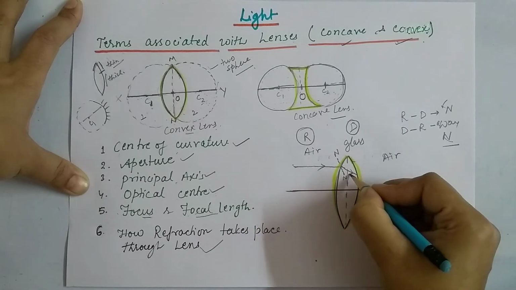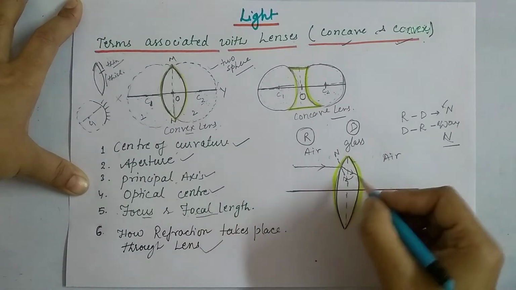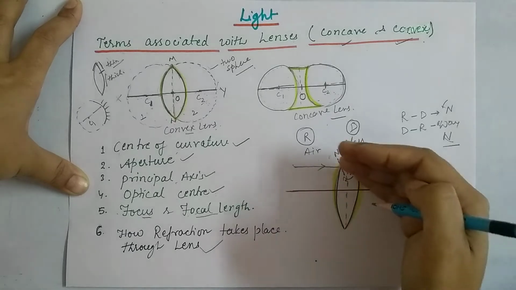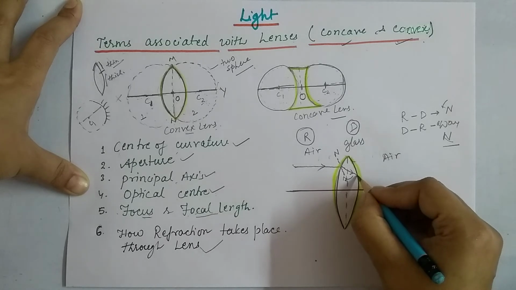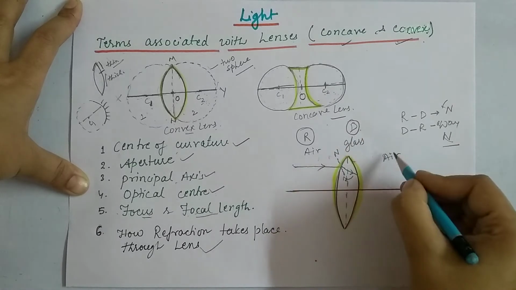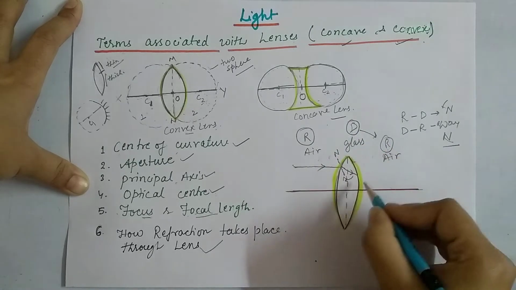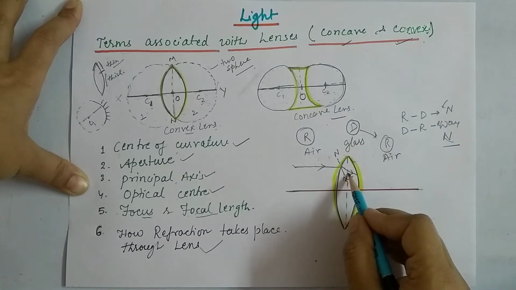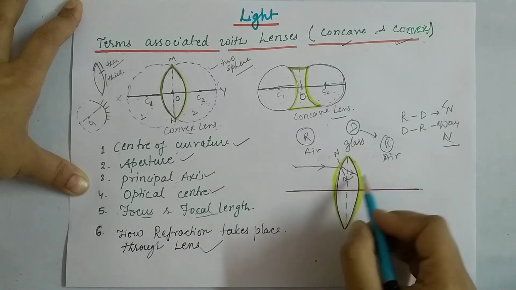So this refracted ray moves towards the normal. Okay, so it looks like it bends. Now this refracted ray passes from denser medium to rarer medium. Now this refracted ray travels from glass to air.